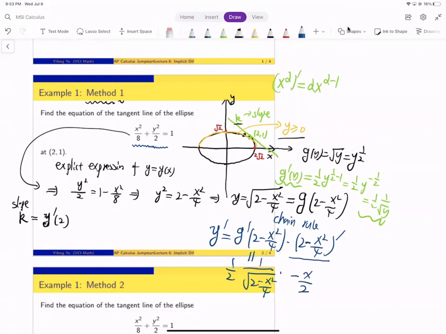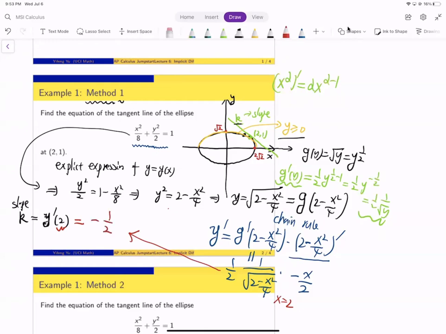Now you plug in x equals 2. Then negative x over 2 gives negative 1, and the square root gives 1, so you get negative 1/2.